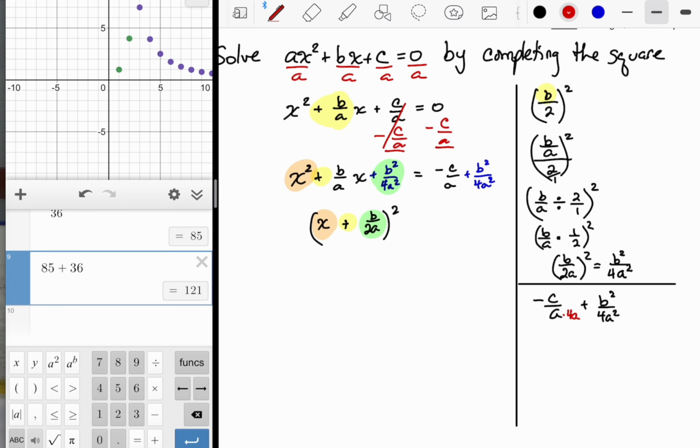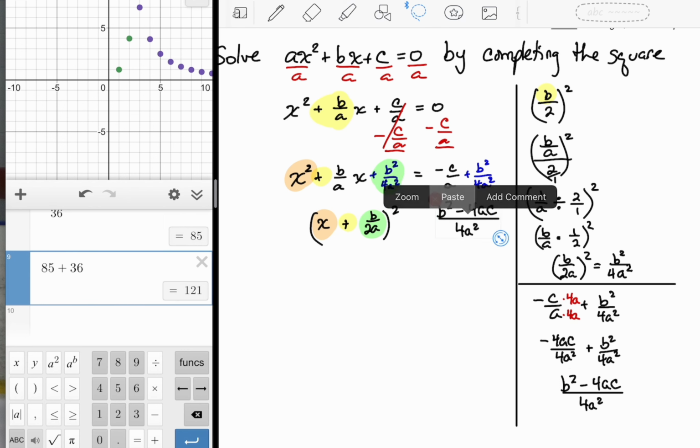But I can't just multiply the bottom of a fraction without multiplying the top by that same thing. So now I have negative 4ac over 4a squared plus b squared over 4a squared. I can put those together, and I tend to want to put the positive part first. So that's going to be b squared minus 4ac over 4a squared. That's going to be the right-hand side of the equation.